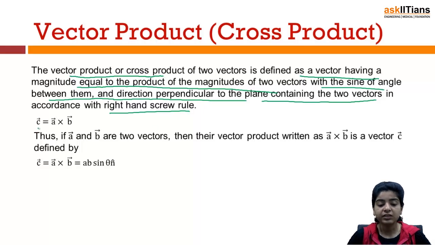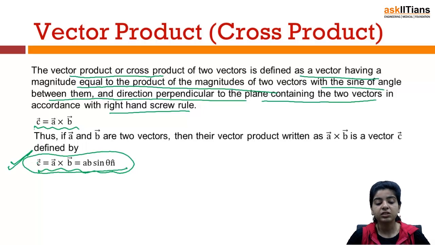So we write it as vector C is equal to A cross B, that is, the cross product of A and B is given by vector C, and it is given by this formula. This is the formula that you will be utilizing in your questions. And again I am repeating, the direction of the vector is perpendicular to the plane containing the two vectors.